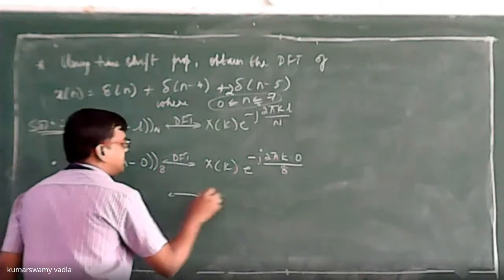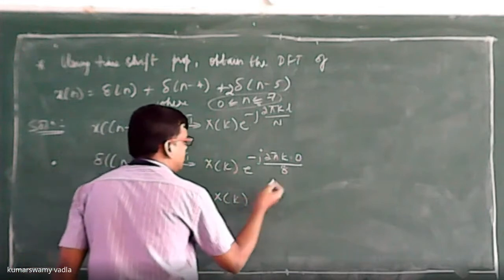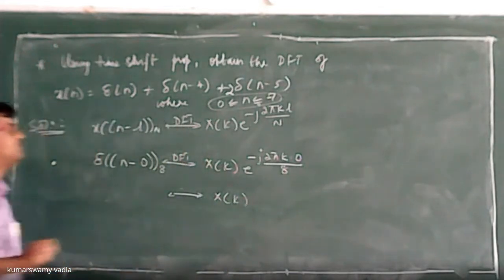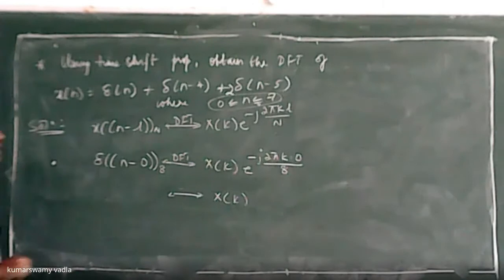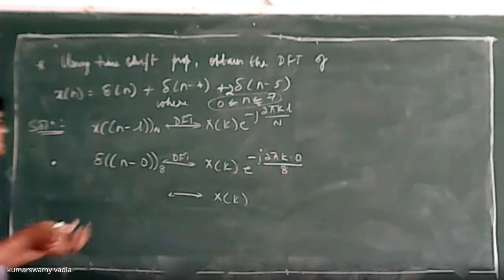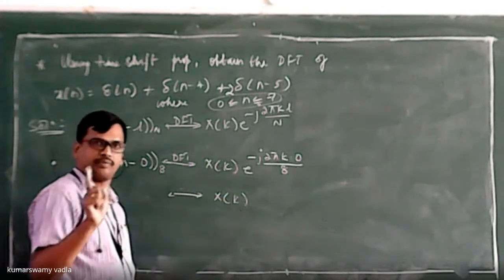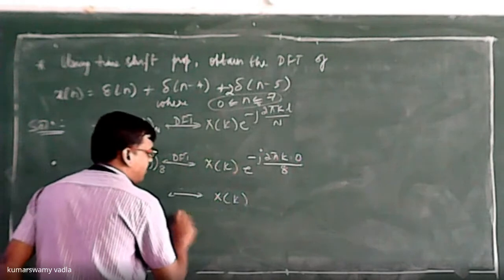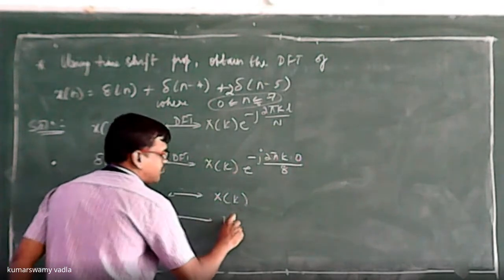So this right-hand side is equivalent to just X of k, which is delta k, which will have 1.